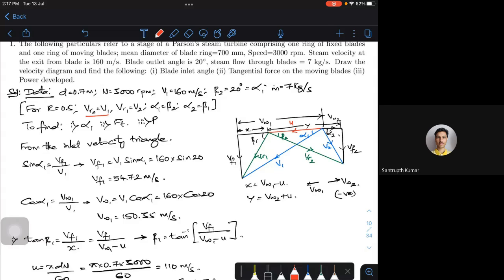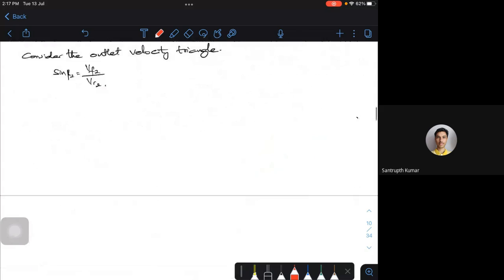So your V1 is equal to 160. So what is your beta 2? Beta 2 is equal to alpha 1, that is your beta 2 is also equal to 20 degrees. So sine 20 is equal to VF2 by your V1. I am going to get VF2, which is also equal to VF1. Here this being a similar triangle, whatever VF1 I am going to get, VF2 is also equal to VF1. So let's try to do that actually.